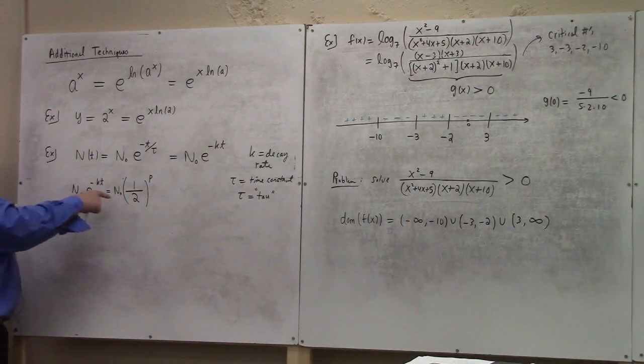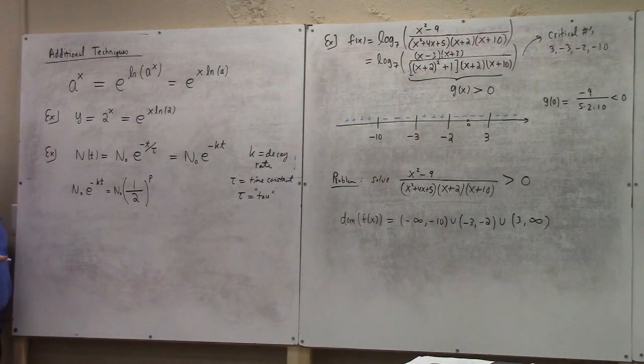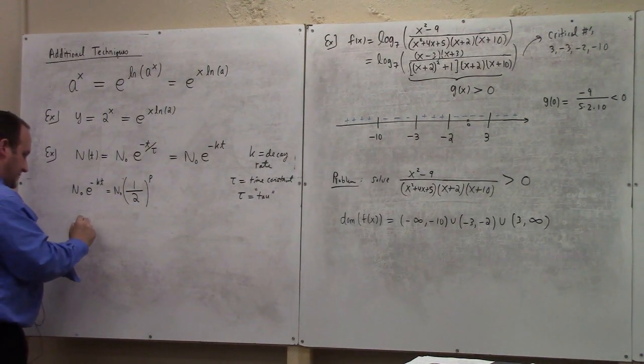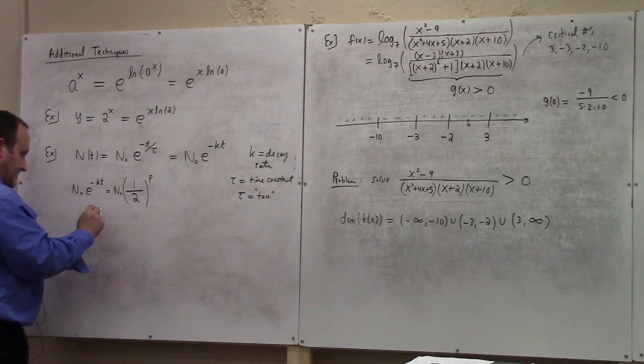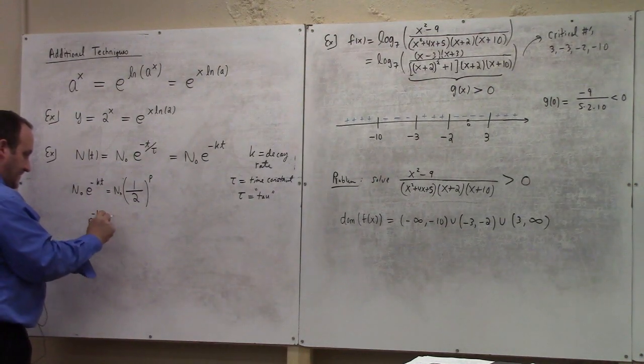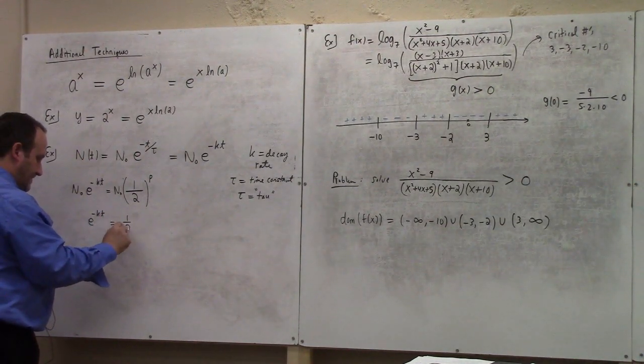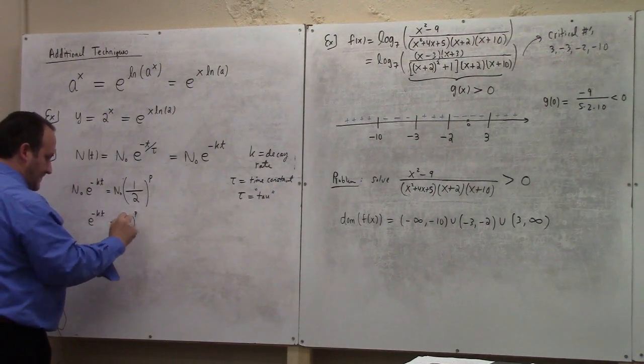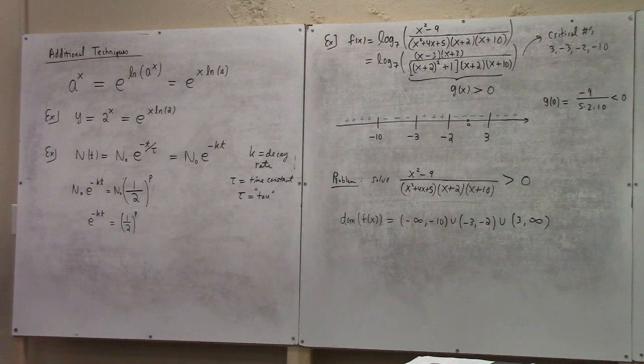So first of all, we could cancel the n sub zeros, just cancel those out. So we want to solve for p. Yeah, how do we solve that?